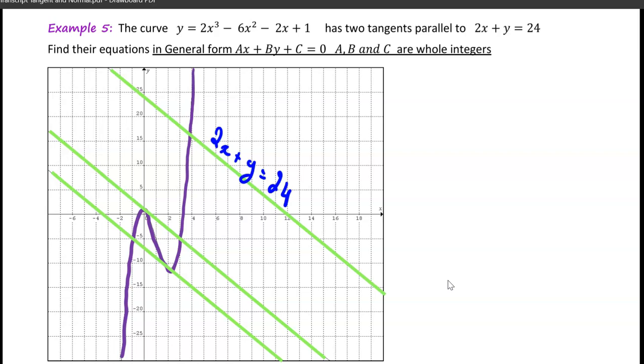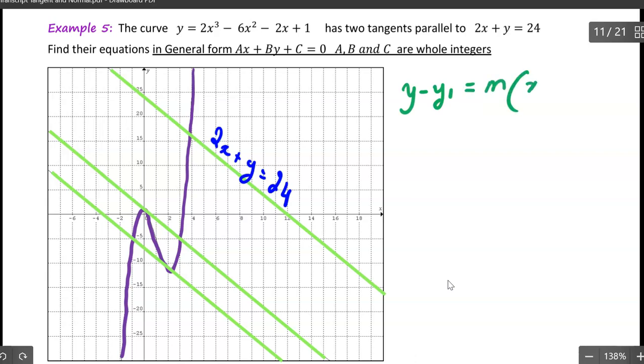If you need to find the equation for a straight line, then you need to use this formula: y - y1 = m(x - x1). So how do you find the slope?